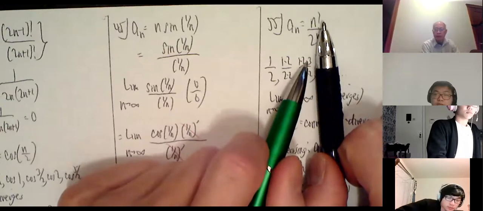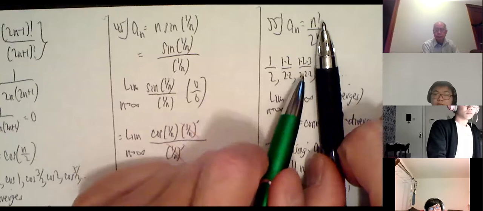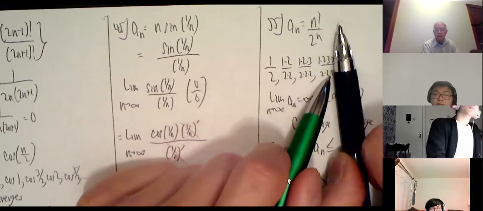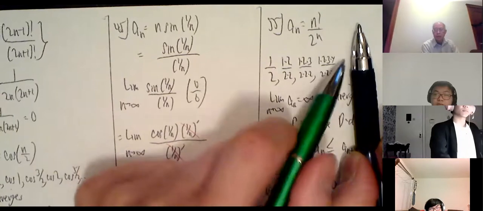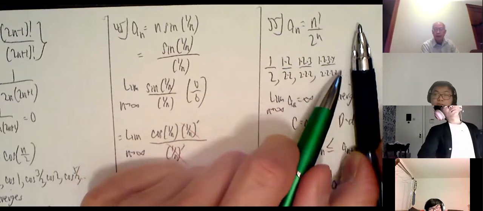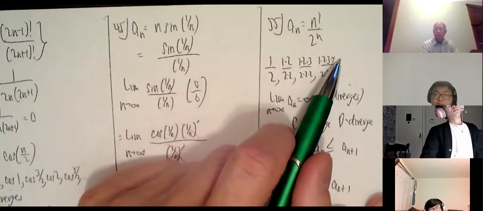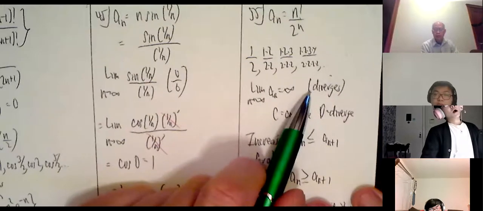I multiplied the top by 3, the bottom by 2. So the top got bigger. Now look at the next one. I multiply the top by 4, the bottom by 2. Next one, multiply the top by 5, the bottom by 2. So the bottom you keep multiplying by 2, but the top bigger and bigger, so the limit is infinity. Or we can say that the sequence diverges.